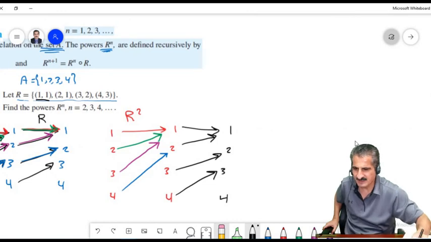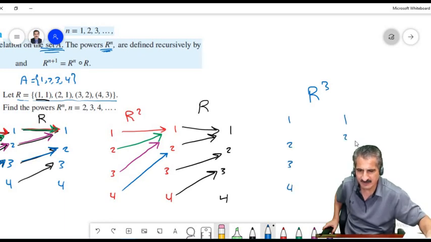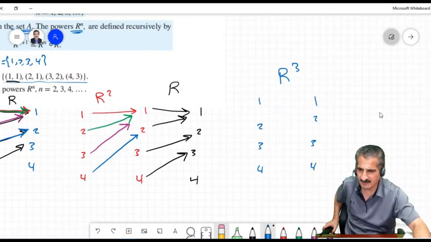So this is R, and that's R square. Now we will get R to power 3. R to power 3 must go from the set A to the set A. And let's see how things go.